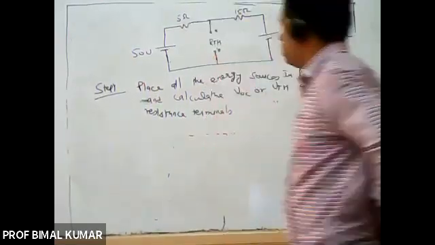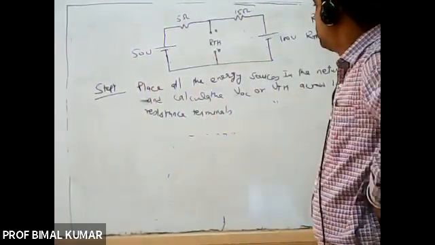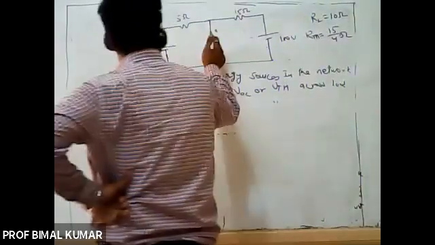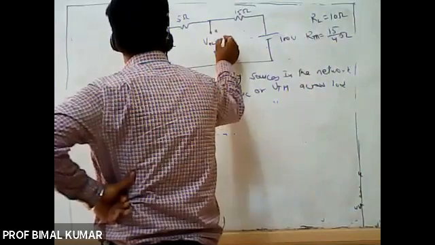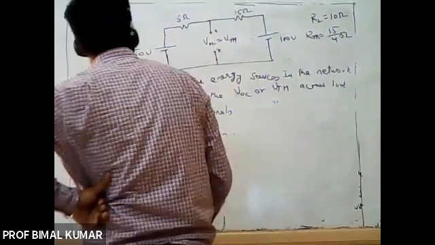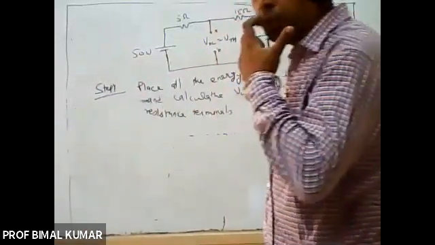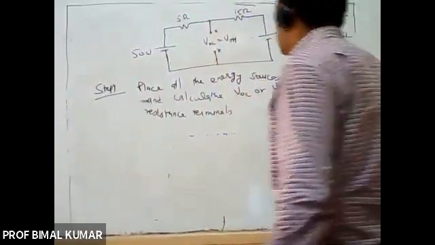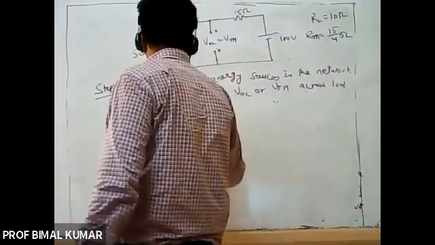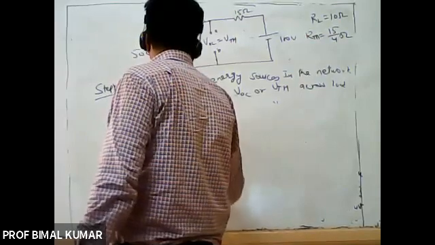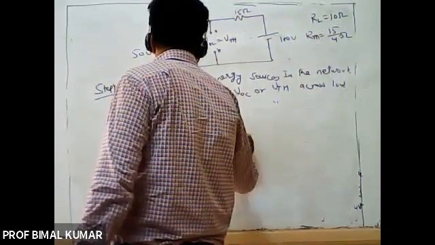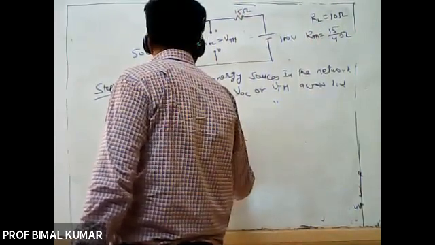So just redraw this circuit, fine, to calculate VOC, that will be equal to VTH. Again, I am taking this A and B terminal outside. This is terminal A and this is terminal B, here 15 ohm and 100 volt.